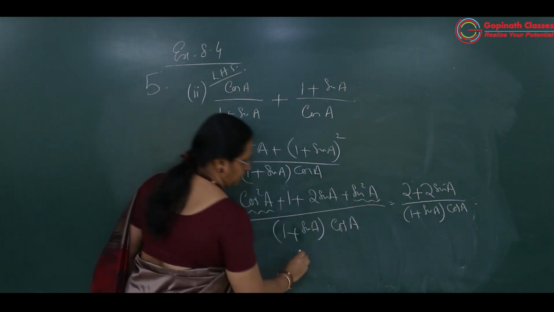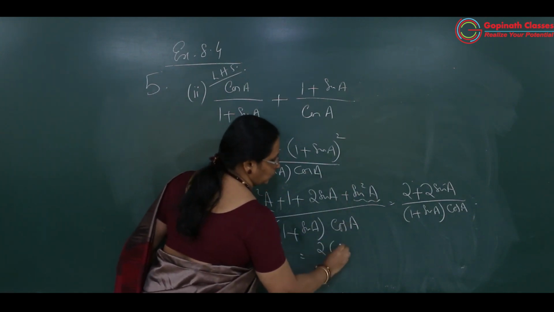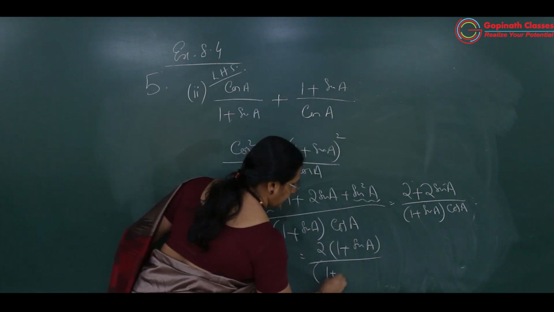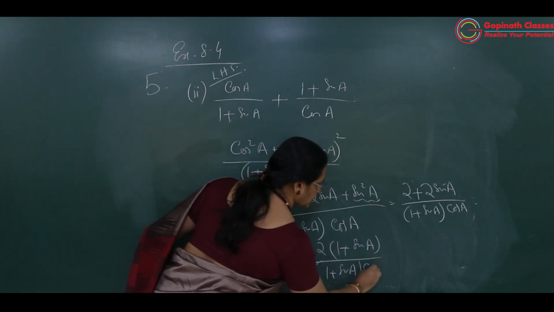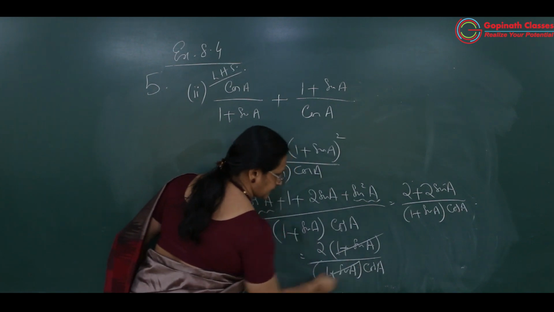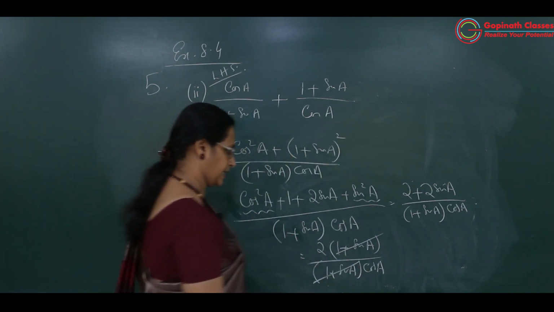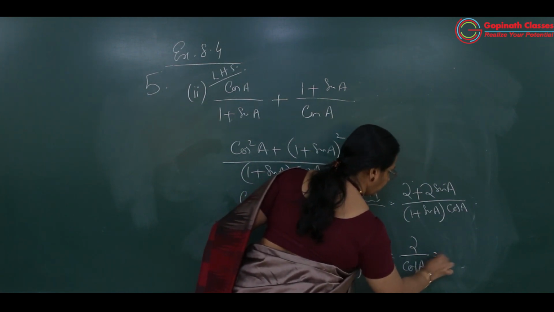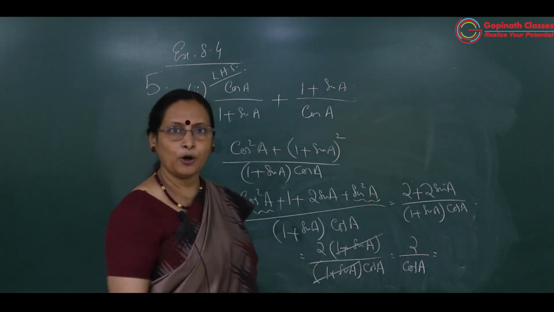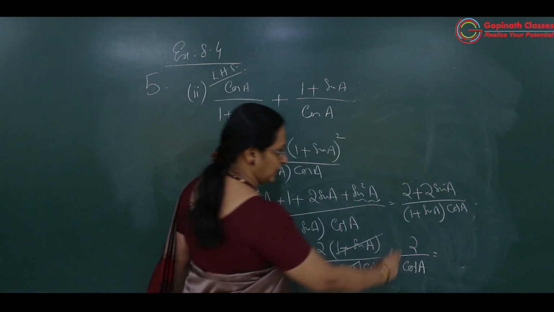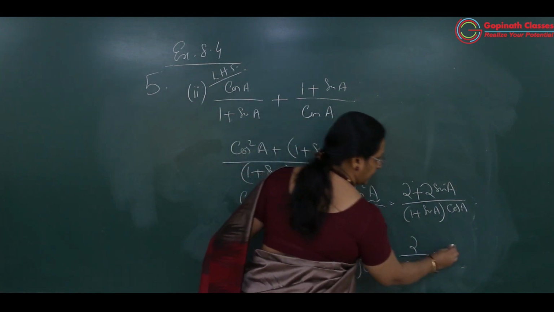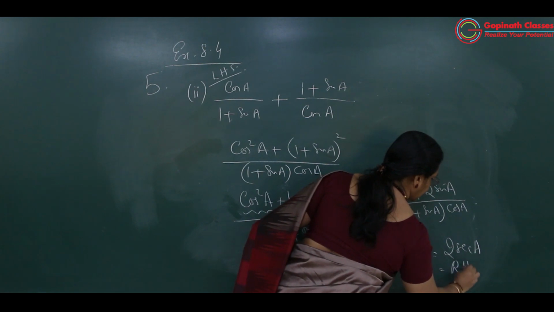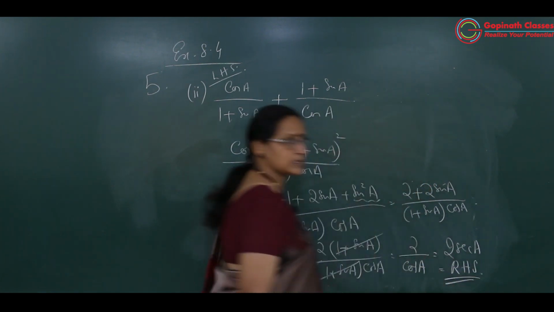Now we can take 2 common from the numerator, 1 plus sin A upon 1 plus sin A into cos A. You can see the common gets cancelled, 1 plus sin A and 1 plus sin A. What is remaining is 2 upon cos A. You know, 1 upon cos A is sec A. So 1 upon cos A is sec A, so it comes up. What will you get? 2 sec A, which is nothing but our RHS.